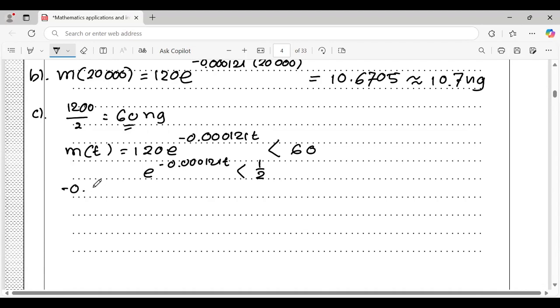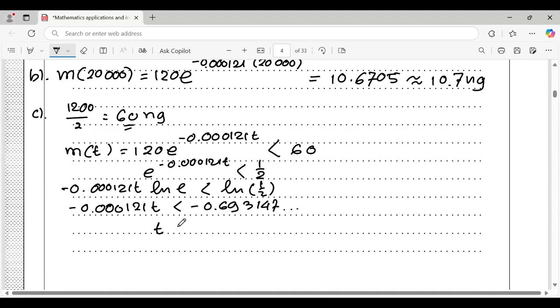Based on the ln rule, we can write ln e equals 1, so it becomes minus 0.000121 t less than ln 1/2, which is minus 0.693147, and t greater than, if you divide by this number, 0.000121, 5,728.489.